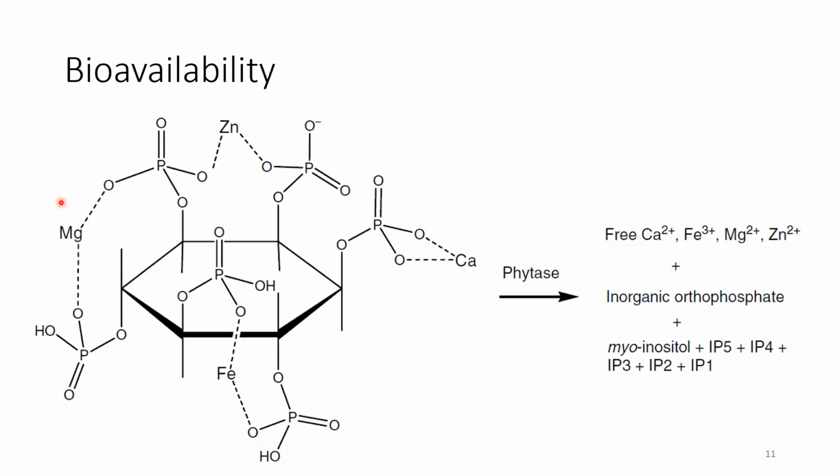Likewise in beans, the first step in making beans is usually to soak them for a long time, to hydrate them before you cook them. So during that time, phytase can start to work.